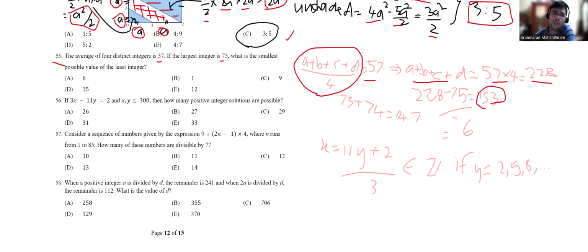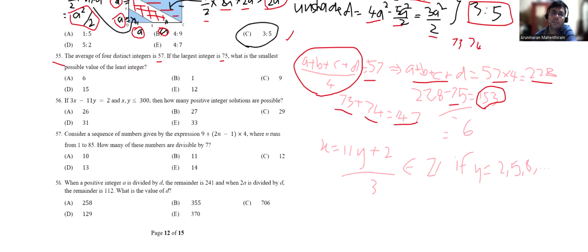The largest integer is 75, so I take the other two integers as 73 plus 74, and the sum of these two numbers is 147. These are the possible largest values for the remaining numbers. 75 is the largest one, so only one number has to be found.